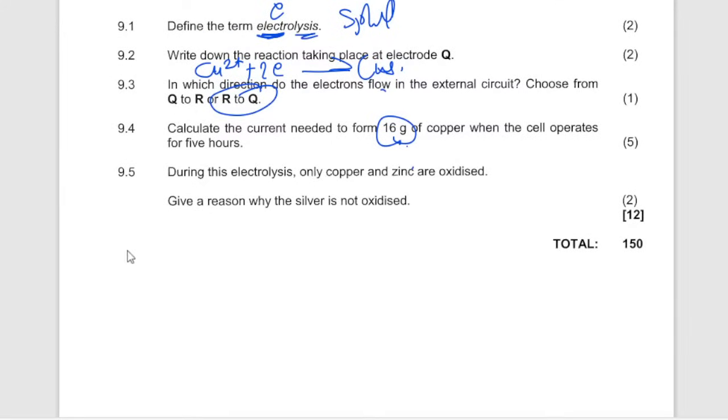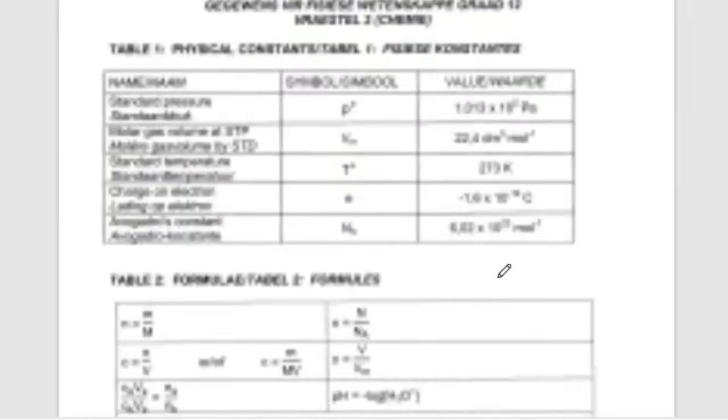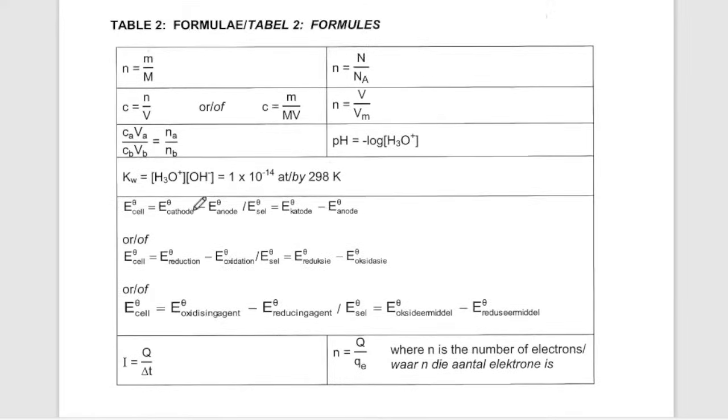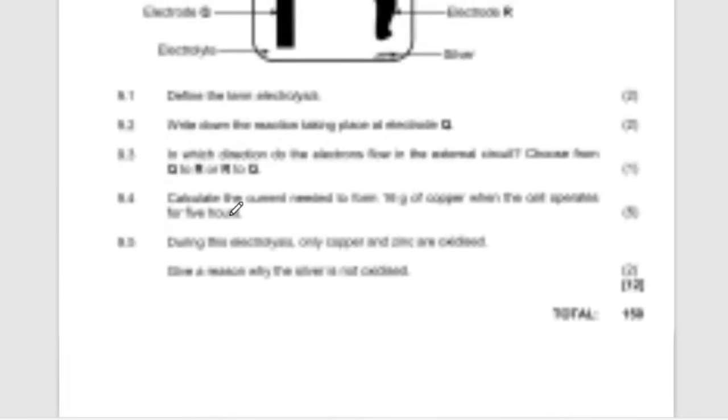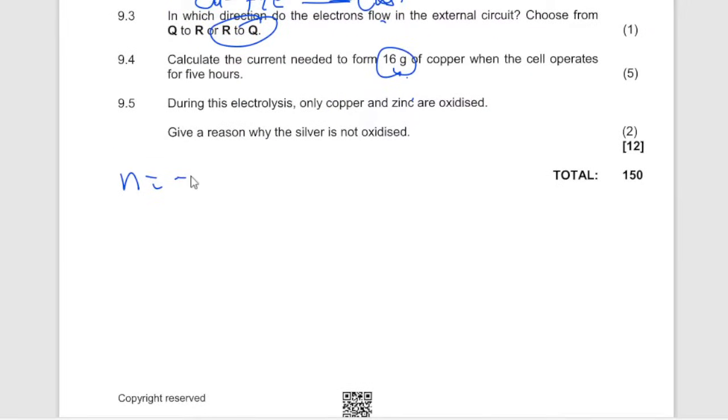First you need to find the number of moles. Number of moles is equal to the mass divided by the molar mass of copper, which is 63.5 from the periodic table, and that gives you 0.252. Maybe they'll give you a mark there.